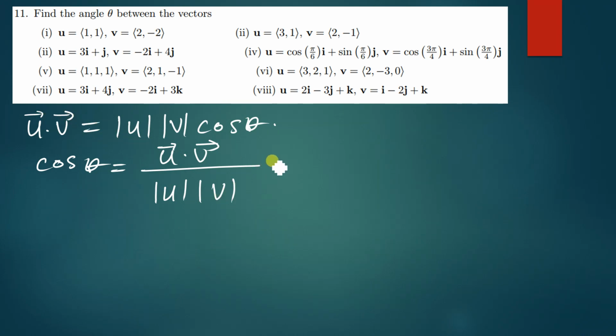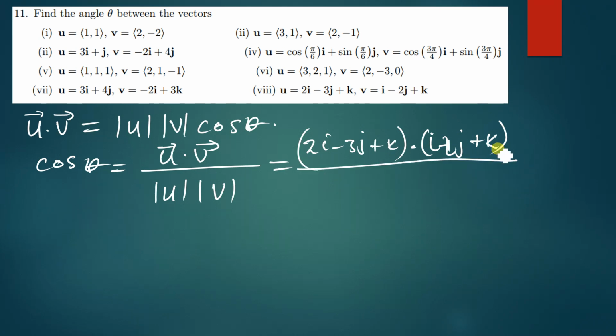So our u dot v, we have 2i minus 3j plus k dotted with v, which is i minus 2j plus k. And then everything divided by the magnitude, which will be the square root of 2 squared plus negative 3 squared plus 1.